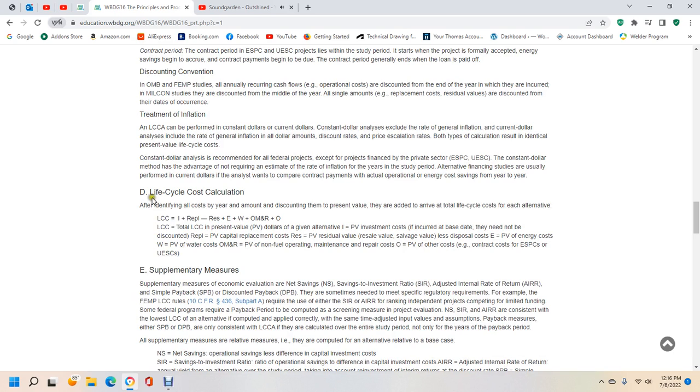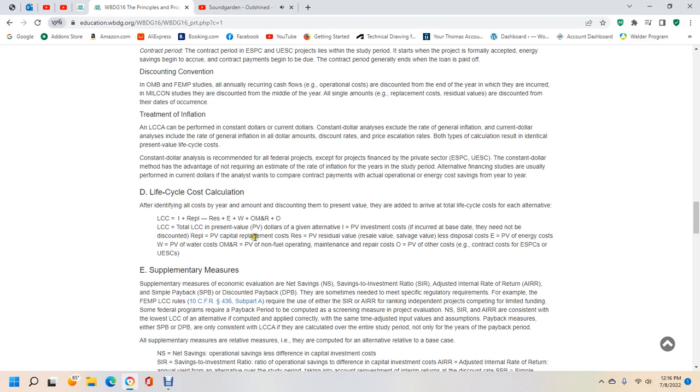Alright, D: life cycle cost calculation. Once you have identified costs by year and amount and discounted them to present value, you arrive at the total life cycle cost for each alternative. Life cycle cost equals I plus REP plus E plus W plus OMR plus O. LCC is the total life cycle cost in present value dollars of a given alternative. I equals the present value investment cost.